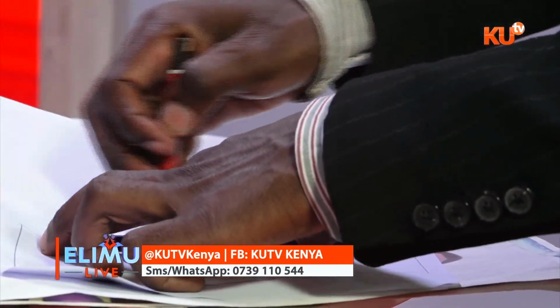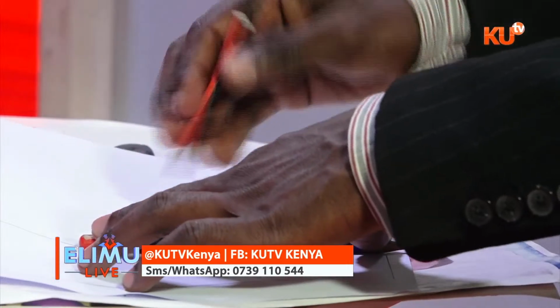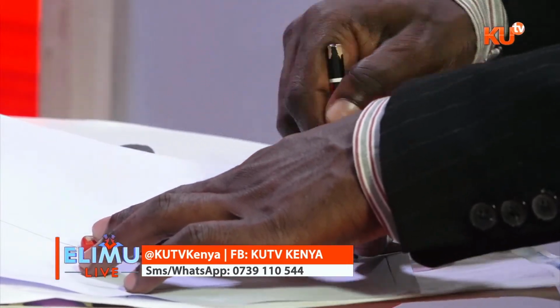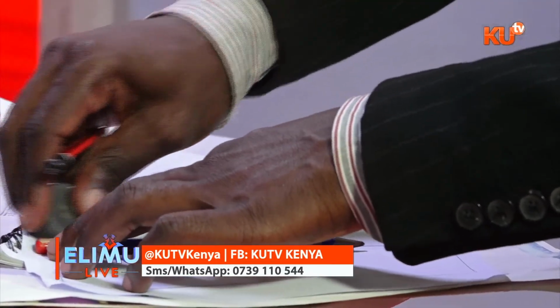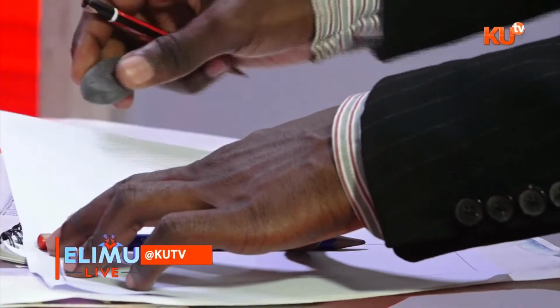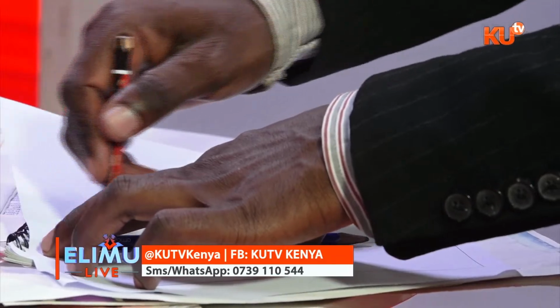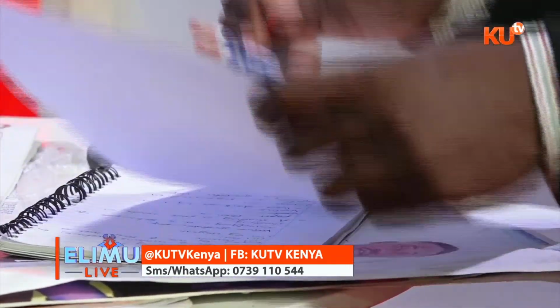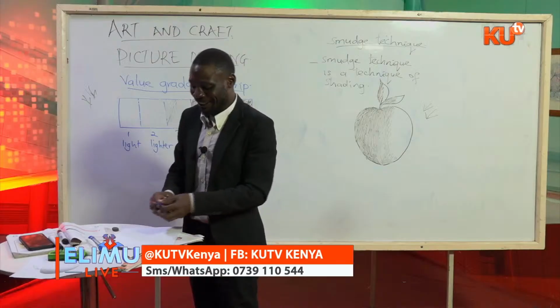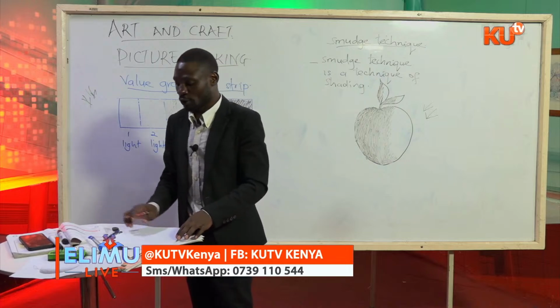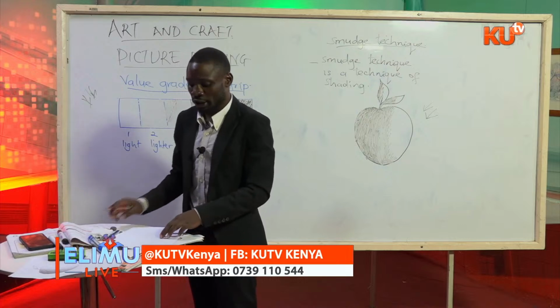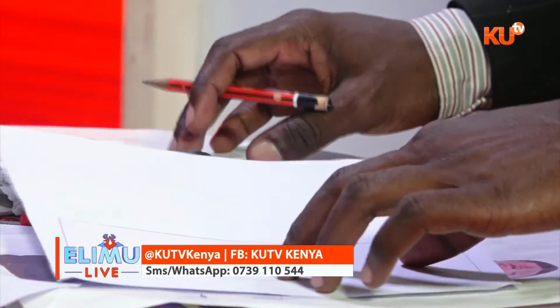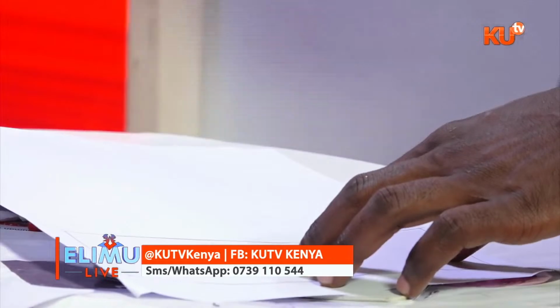Don't use a piece of cloth because it will appear dirty. Don't use saliva. Don't use a piece of paper. Make sure you have a rubber to correct where you've gone wrong.